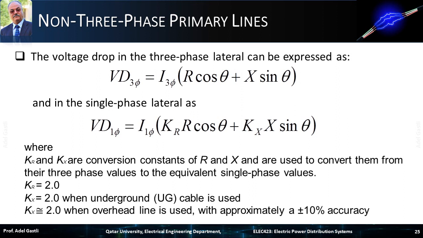These are usually approximated as follows. Kr equals 2. Kx equals 2 when underground cable is used, and Kx nearly equals 2 when overhead line is used, with approximately a plus or minus 10% accuracy.